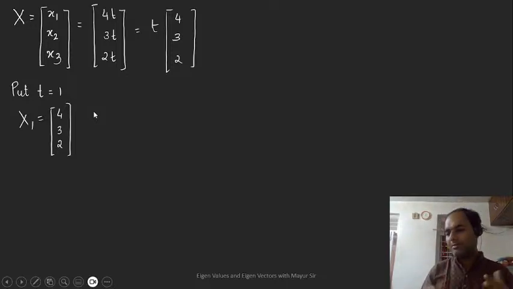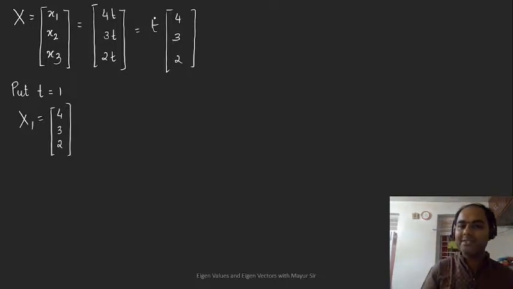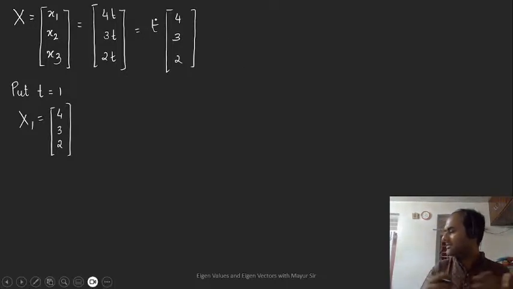Okay, think somebody can get -4 -3 -2, ये भी आ सकता है. Why does that happen? It happens because of this t. Okay, there is this variation. Your answer of eigenvector may not be unique.